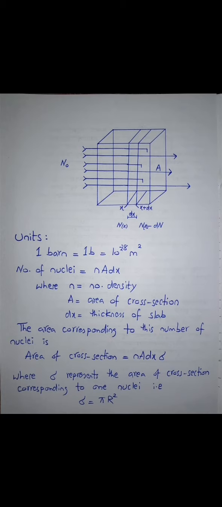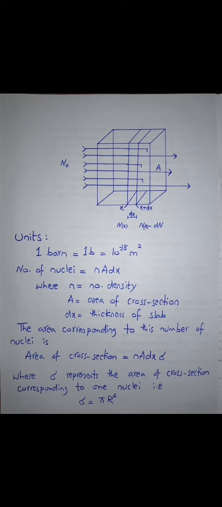Such that the area is equal to n A dx sigma, where n is again the number density, A is the area, dx is the thickness, and sigma is the cross section of one nucleus, whose value is pi r squared. One more important thing about the nuclear cross section is that its unit is barn, and one barn is equal to 10 raised to the power minus 28 meter squared, or 100 femtometer squared.